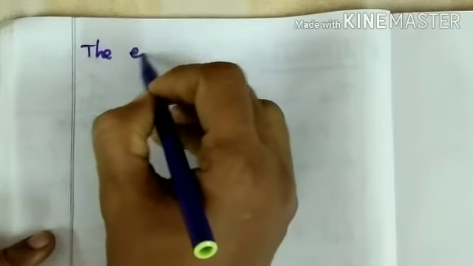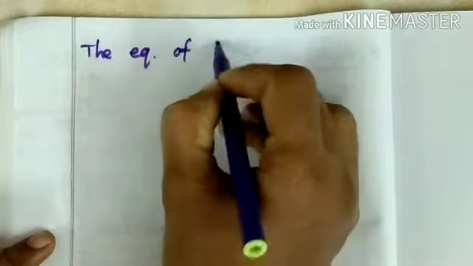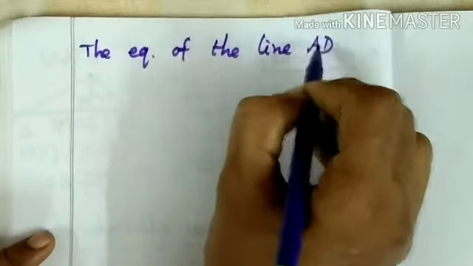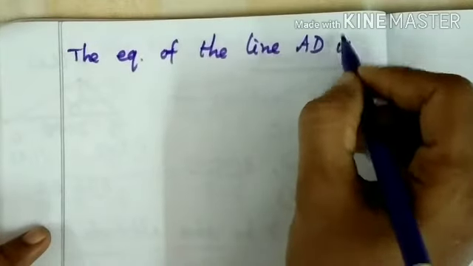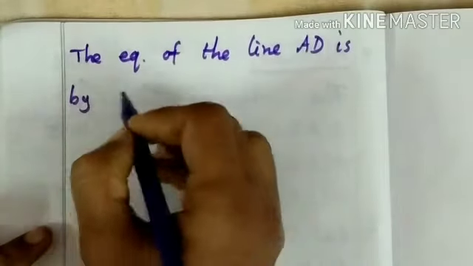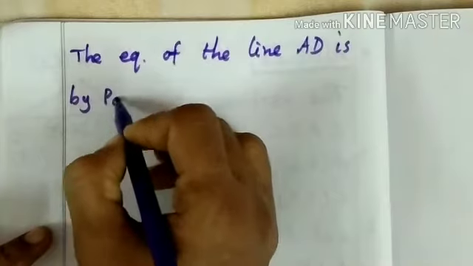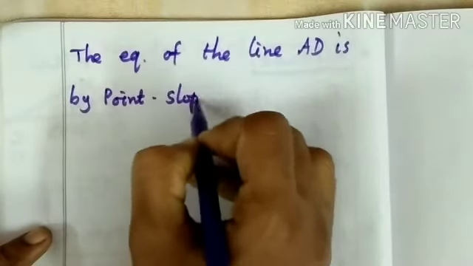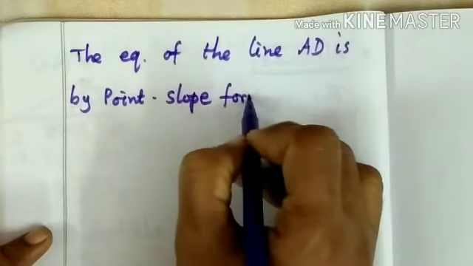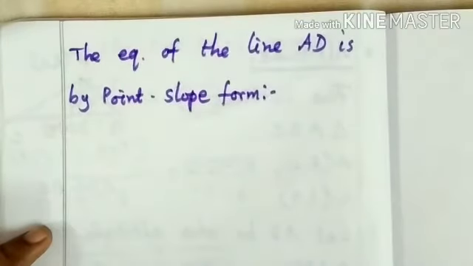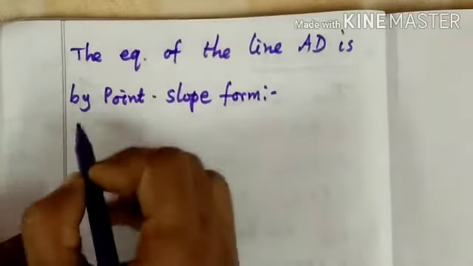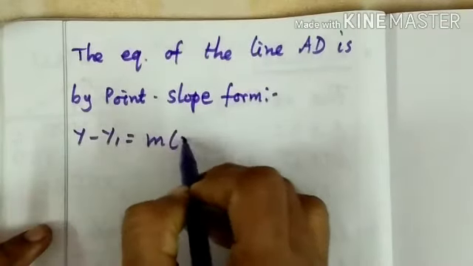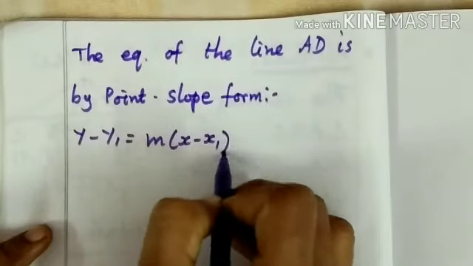The equation of the line AD is by point slope form. What is the formula for point slope form? Yes, y minus y1 is equal to m into x minus x1.